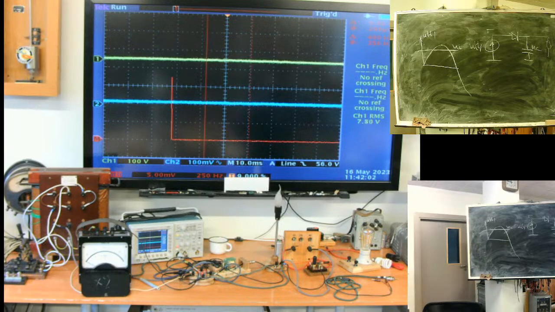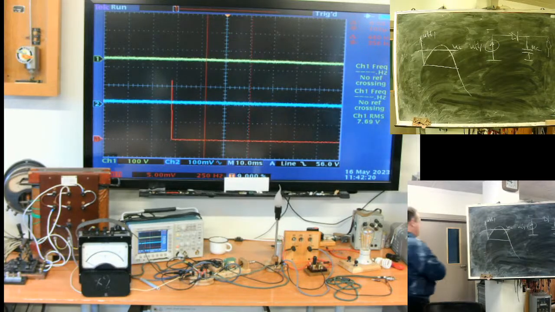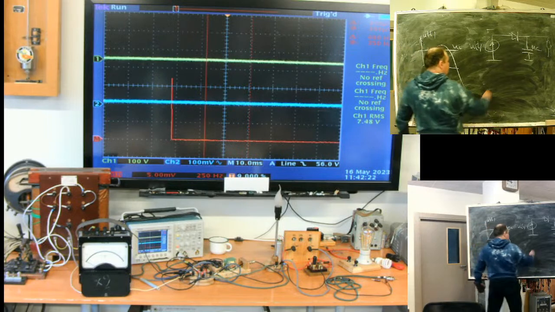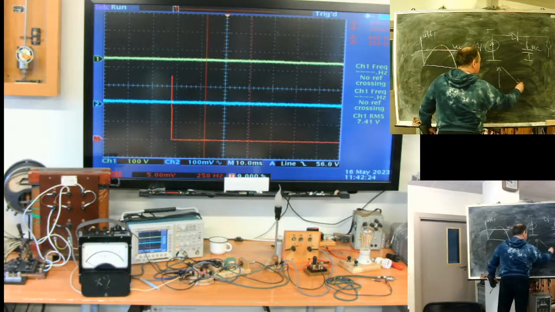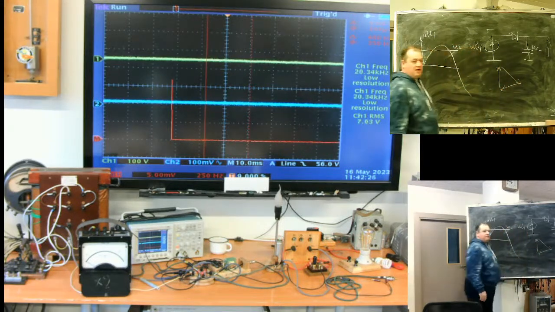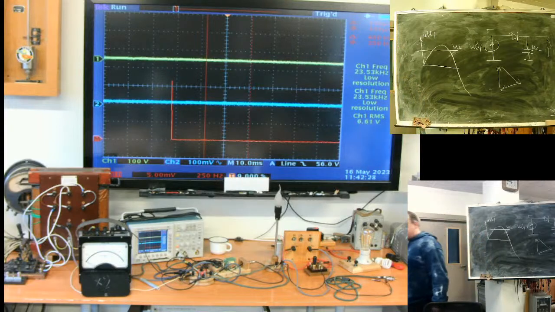Some countries paint it black. Black and white, or pure black, or some paint white. So, at the neutral wire, what will be? If I have, let's say, around 25, 25, 25. Minus 25 plus 25 plus 25 equals 0.